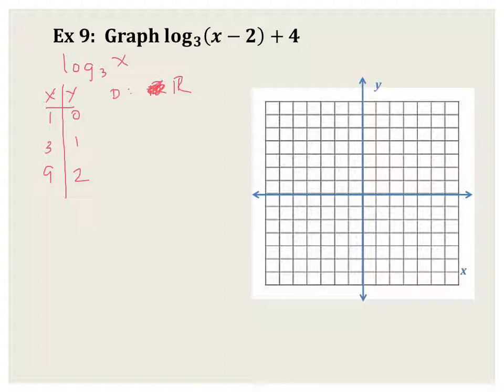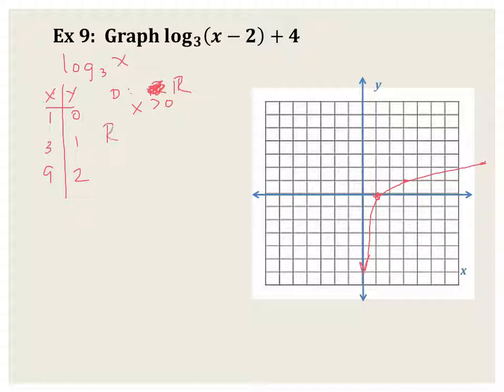Or actually, no, we can't get negatives out. But we're going to go (1, 0), (3, 1), and then (9, 2) is way on over here. Okay, so your domain, x, has to be greater than 0.